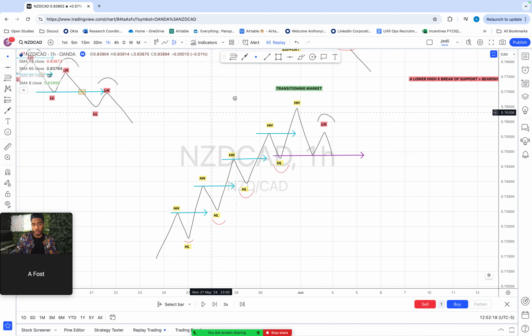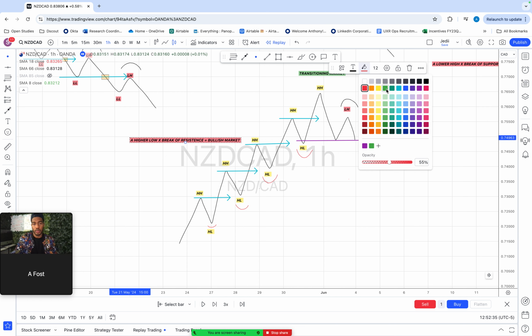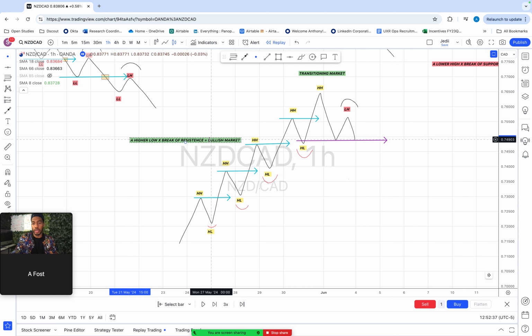Okay. Conversely, a higher low times a break of the resistance equals bullish market, okay? So you have a higher low right here, it was created, and it broke resistance. That's confirmation for a bullish market.